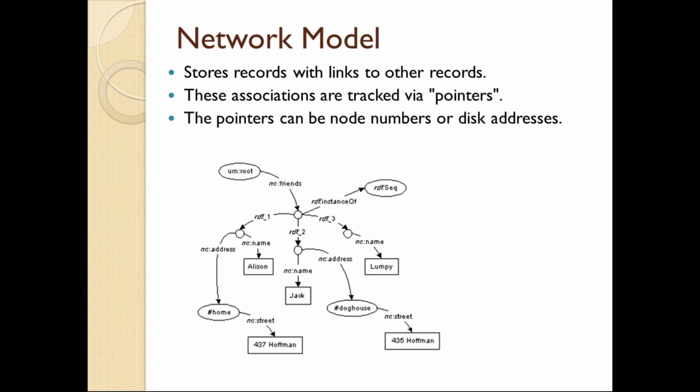And then some other things have the name Lumpy, and then there's friends between Jack and Allison, as a home that's also a next door neighbor to Bob. So this network model allows any kind of complex relationship between objects. And this is as complex as it can be, but it's very difficult to navigate.